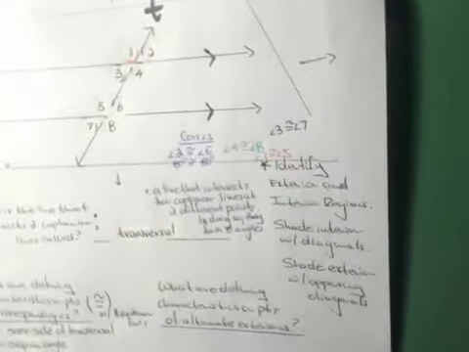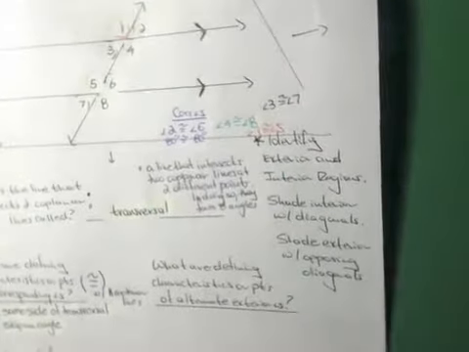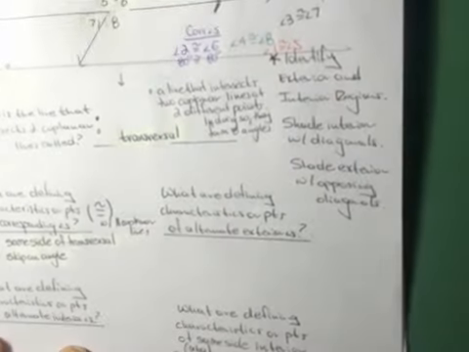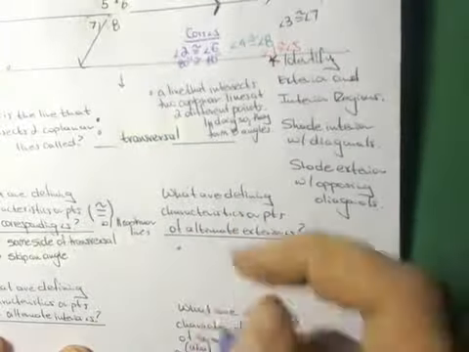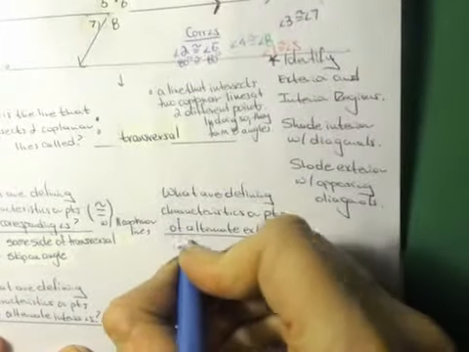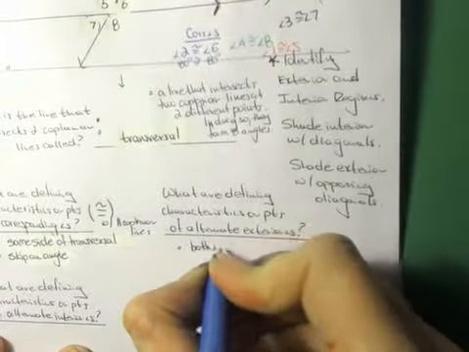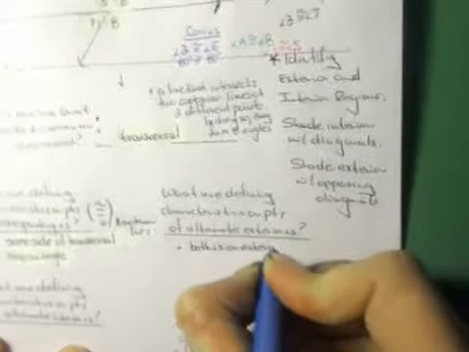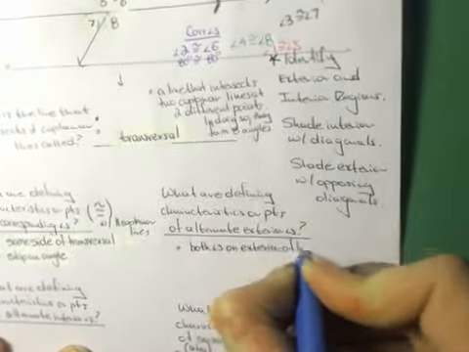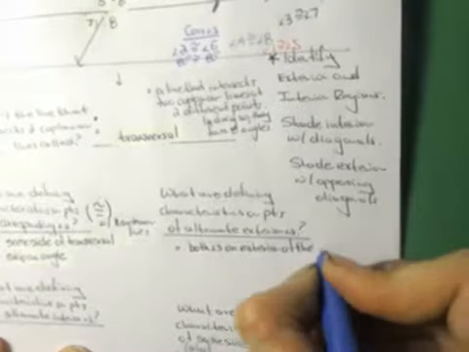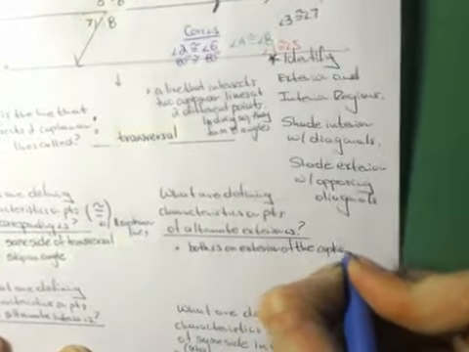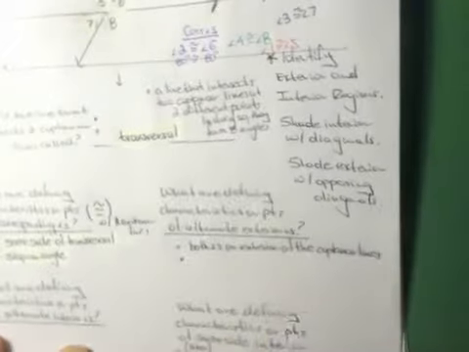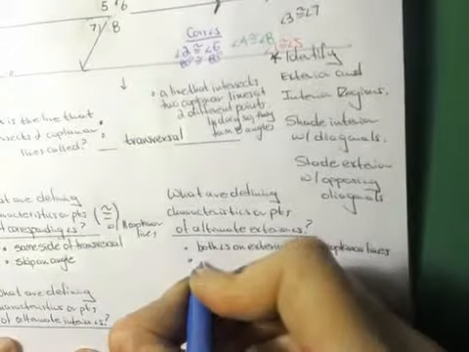Okay, so now we're going to be talking about alternate exterior angles. So what are the defining characteristics or points of alternate exterior angles? So they are both angles on the exterior of the coplanar lines, and they alternate.